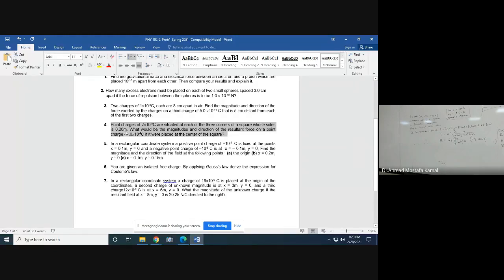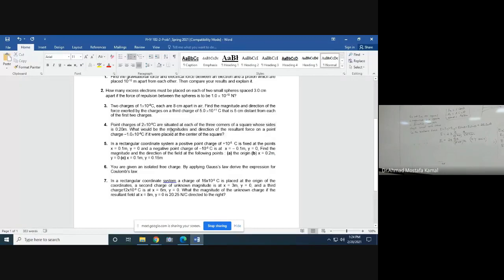A square means all sides equal. The charge is placed at 3 corners, equal charges.